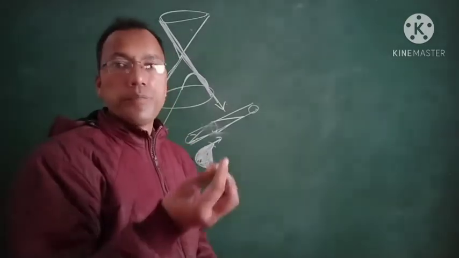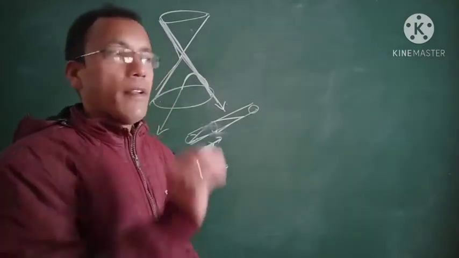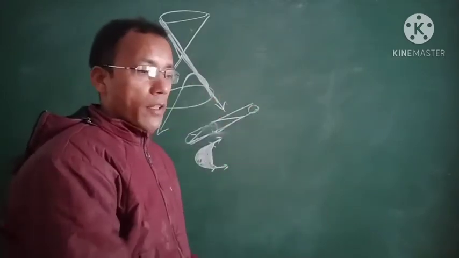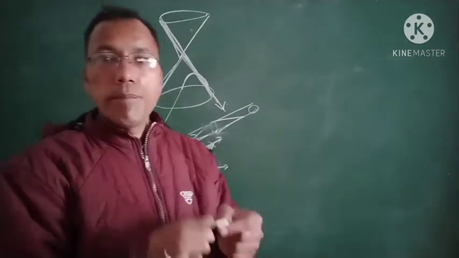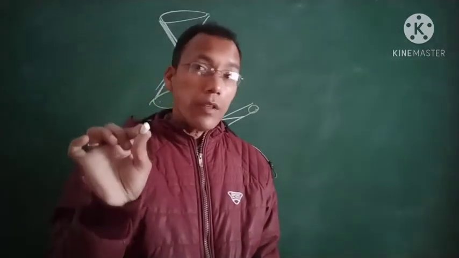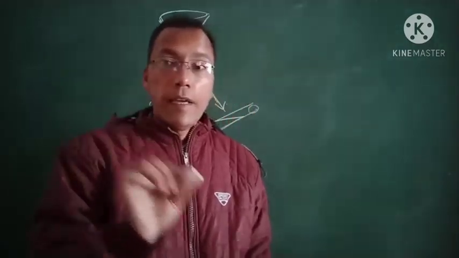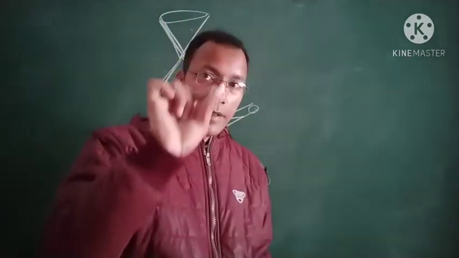If I throw this chalk in an upward direction or any direction like this one or this one, so we get what? We get the path of this. The path of this chalk is like this one, or like this one, right?